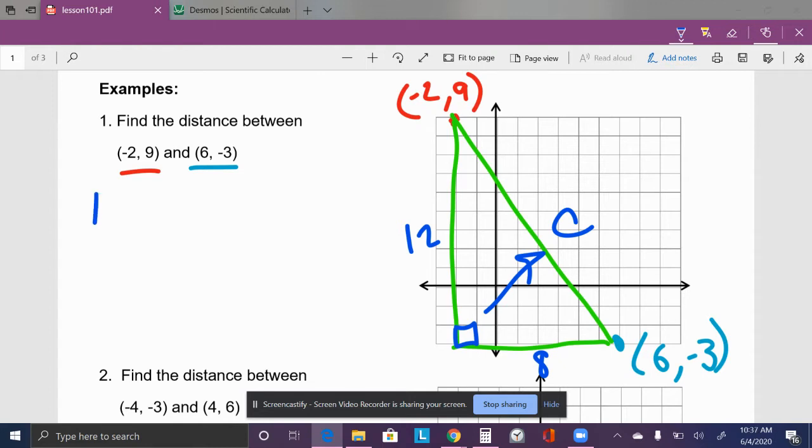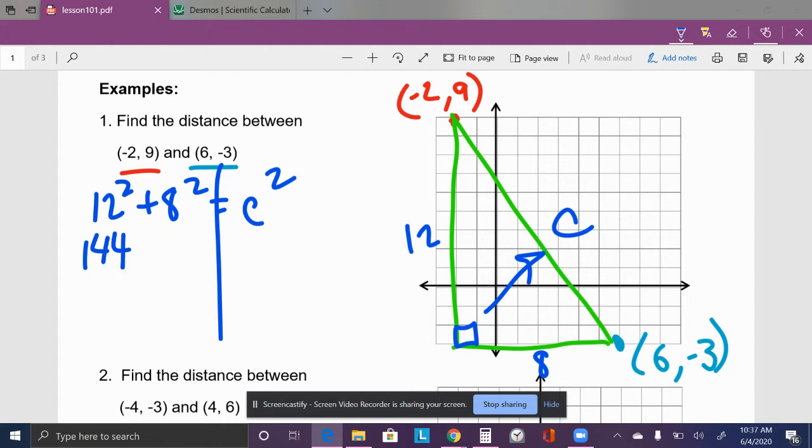So we have 12 squared plus 8 squared is c squared. We have 144 plus 64 is c squared. 144 plus 64 is 208.